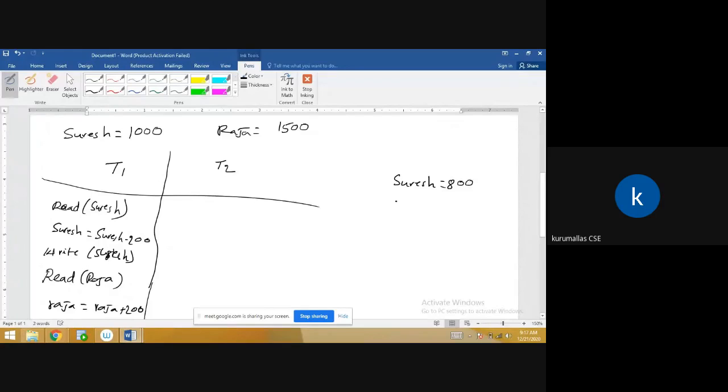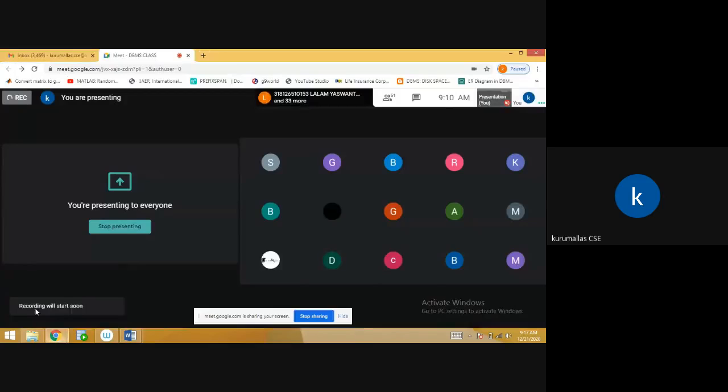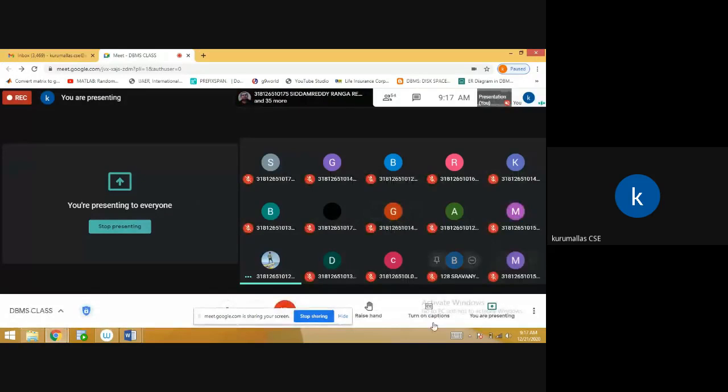Raja account is 1500, and adding 200 rupees makes 1700. So the final amounts are 800 in Suresh account and 1700 in Raja account after the completion of transaction T1.